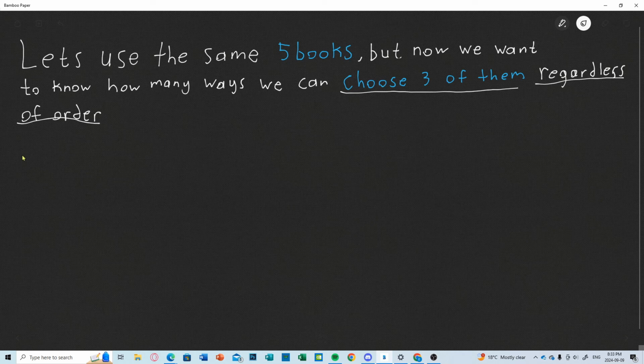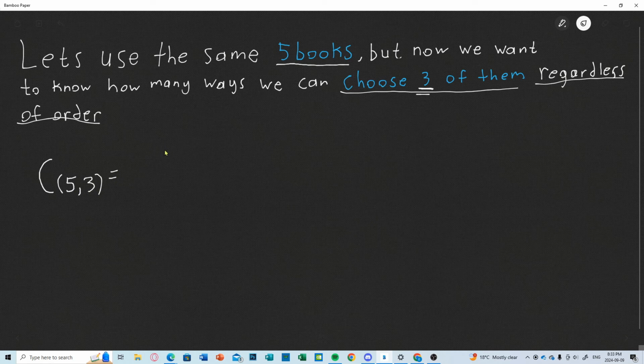of the books. So same thing, we're going to write down our big C, and we're going to write down our N first. And we'll see that we're still working with 5 total books. So our N is going to be equal to 5. And then we're going to be how many objects we want to work with, which we can see here is 3. So we'll put down 3. And now just fill this in with the formula.